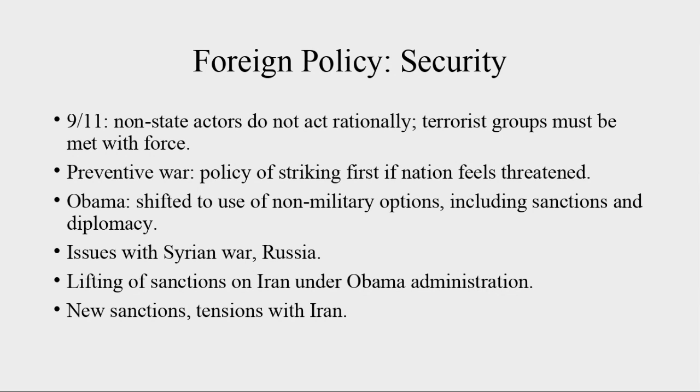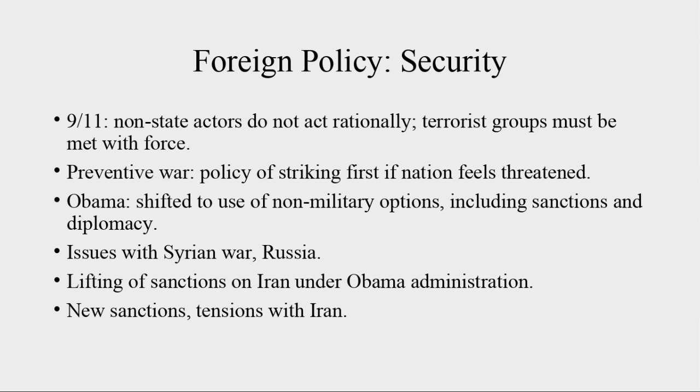So after 9/11, President Bush decided to switch to a policy of preventive war. And essentially he said, look, if we are being threatened by another country, we'll strike first. We're not going to wait for you to come after us. So he wouldn't rule out the threat of war against Iran or North Korea.